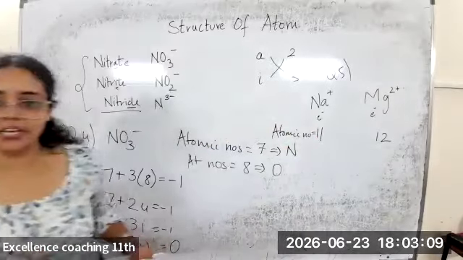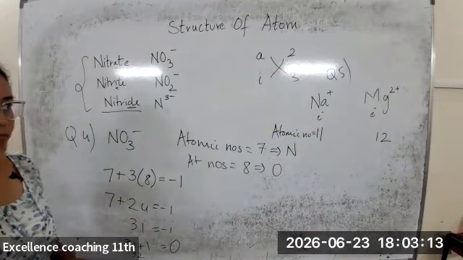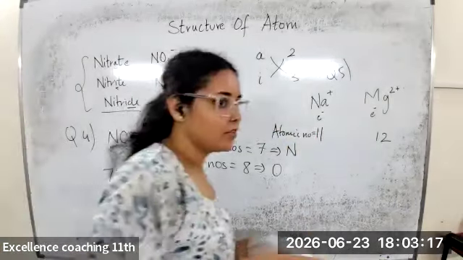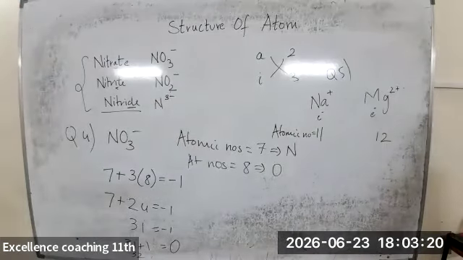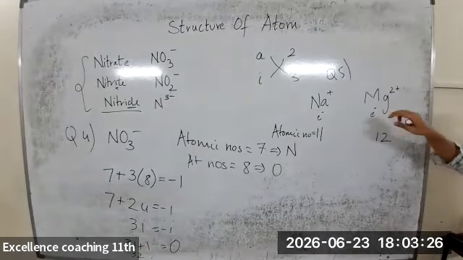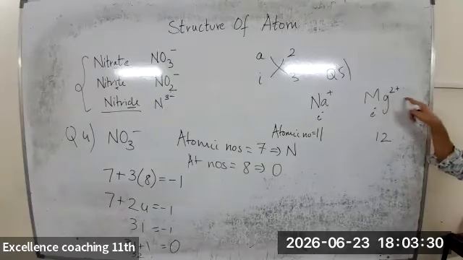Now I want you all to check and tell me how you will do it. Did you understand the question? I have taken two species, Na plus and Mg2 plus.